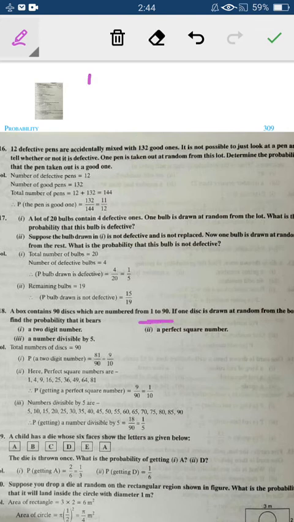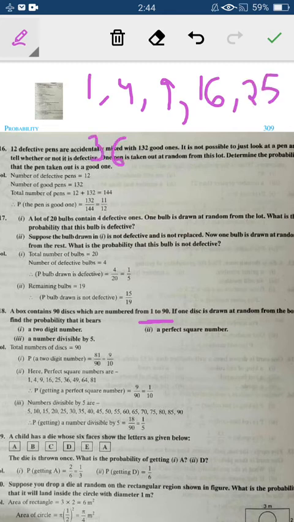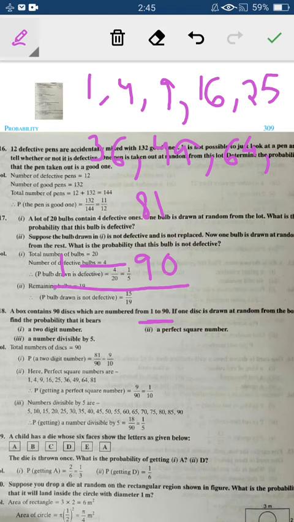So 1 square 1, 2 square 4, 3 square 9, 4 square 16, 5 square 25, 6 square 36, 7 square 49, 8 square 64, 9 square 81, 10 square 100, but 100 is not here because we have discs numbered from 1 to 90.